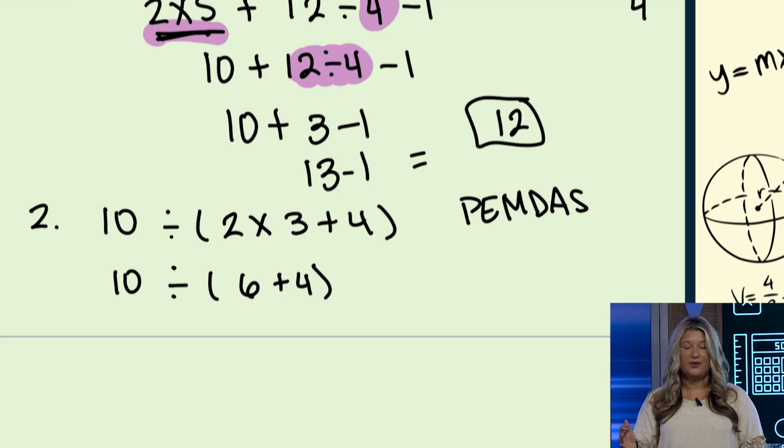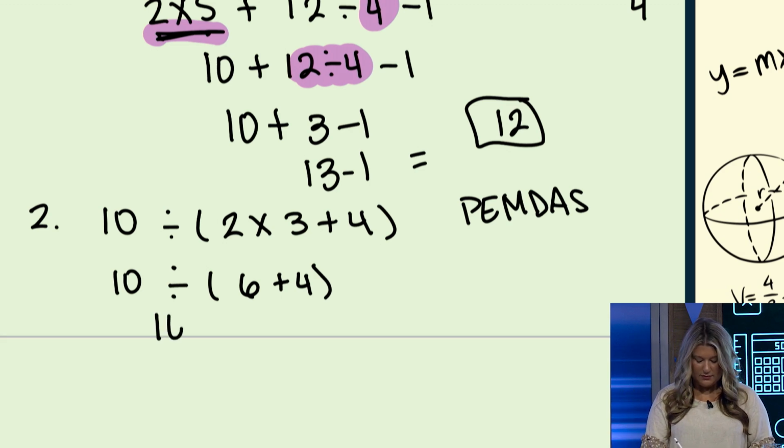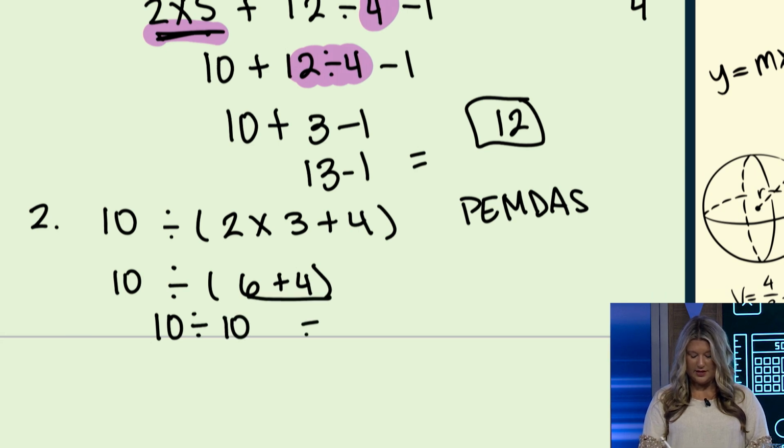We're still not done with our parentheses. We have to do 6 plus 4. So you have 10 divided by 10, because 6 plus 4 is 10. And we're just going to get 1, because division was our last operation. Okay? So that's order of operations. You'll see this as we go through solving equations as well.